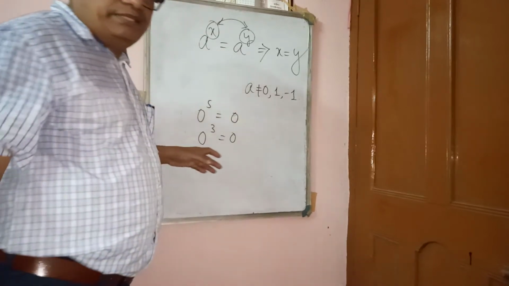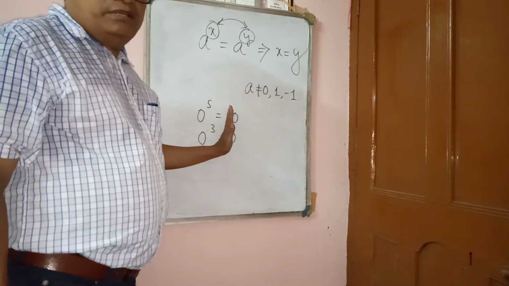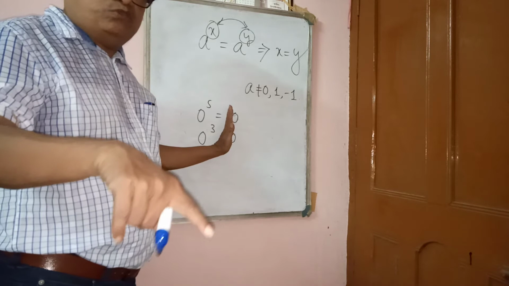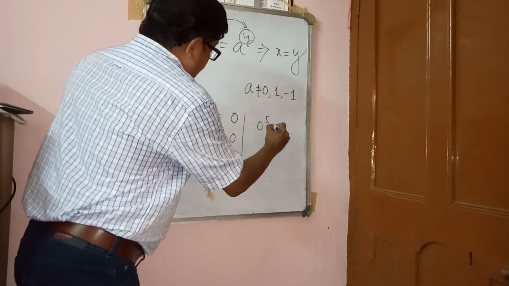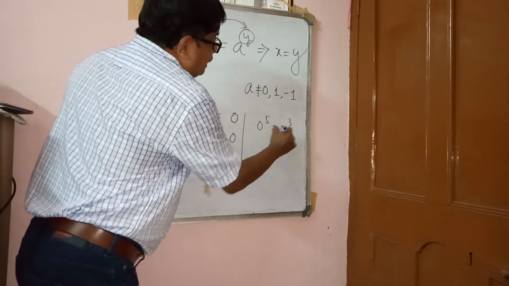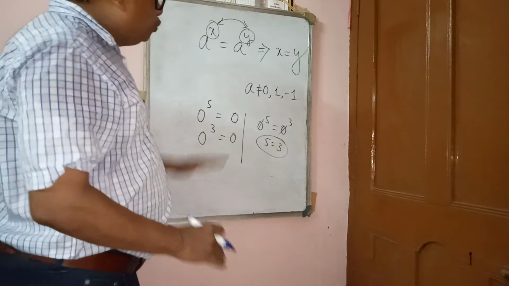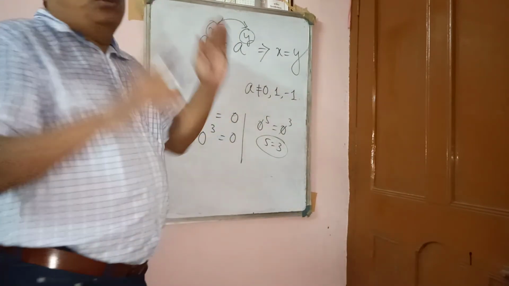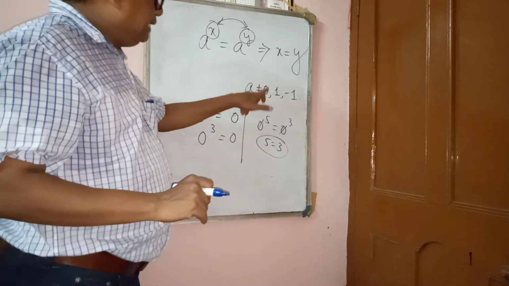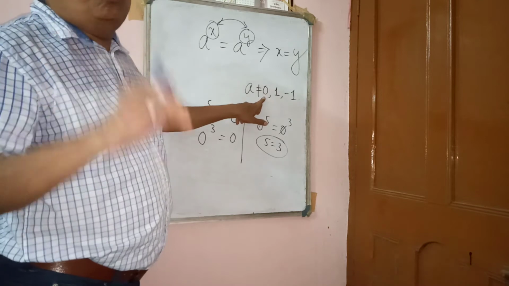The left hand side equals the right hand side always. If we cancel 0 to the power 5 equal to 0 to the power 3, then 5 equal to 3, which is not possible. So this relation does not hold. It holds when a is not equal to 0.